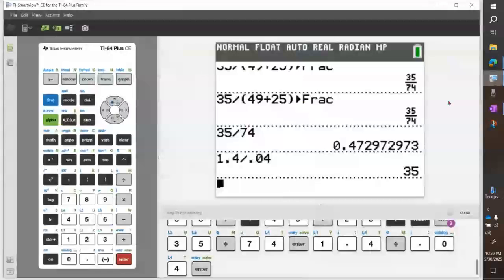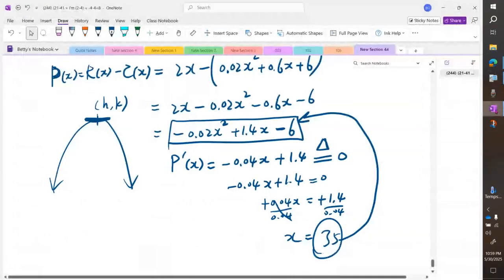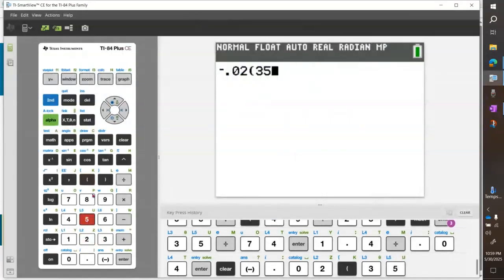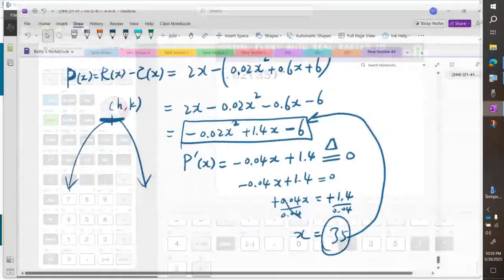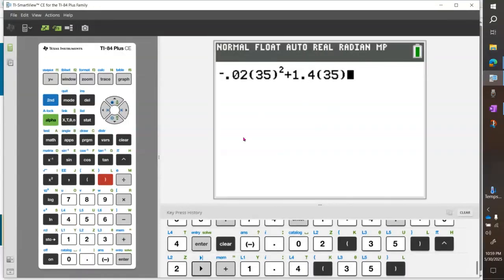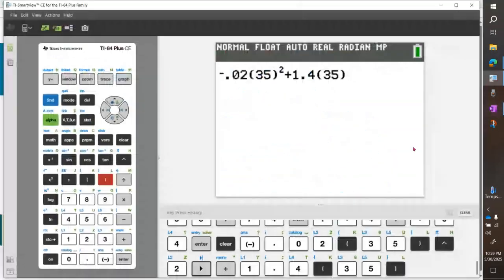Remember, the negative sign is there: negative 0.02x squared, so 35 squared, plus 1.4x, where x is 35, and minus 6.